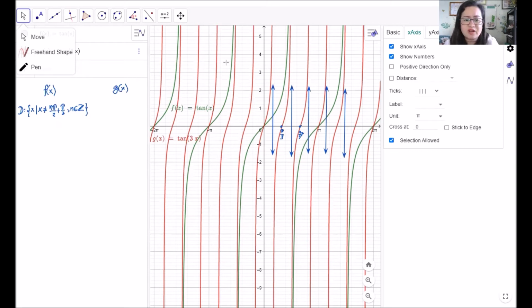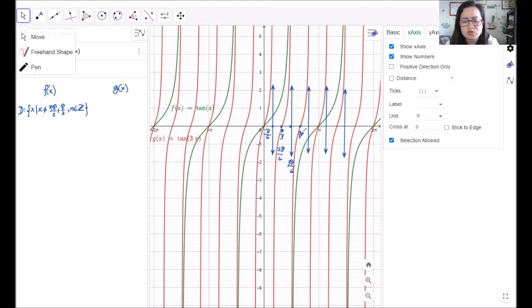Now let's identify the points at which these vertical asymptotes intersect the x-axis. Halfway between 0 and pi over 3 is pi over 6. Pi over 3 can be written as 2 pi over 6, then this point would be 3 pi over 6.